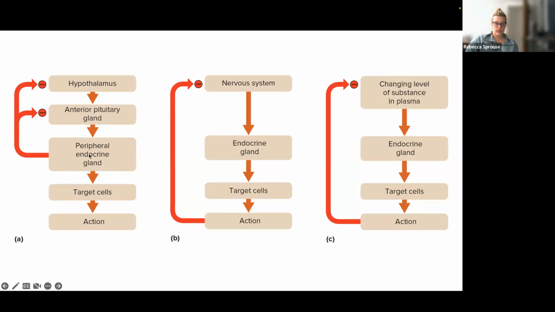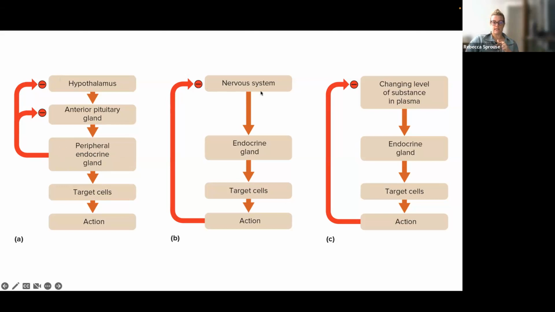This peripheral endocrine gland can say, okay, hold on, we need to stop, right? Slow it down. You need to quit giving me so much hormone to stimulate me. And I'm going to tell either the anterior pituitary to slow down, or I'm going to tell the hypothalamus to slow down and then re-regulate those levels.